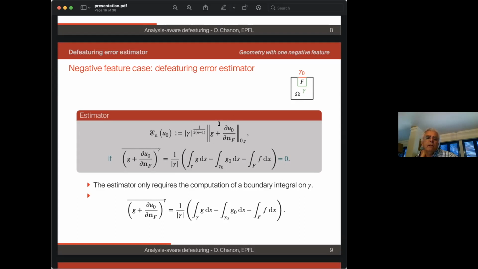And then this is actually the part of the error that depends on the problem at hand, so on the differential problem that we have at hand. And here is the error in the normal derivative of the solution on this piece of boundary that is removed by the defeaturing. I don't know if it helps a little bit.